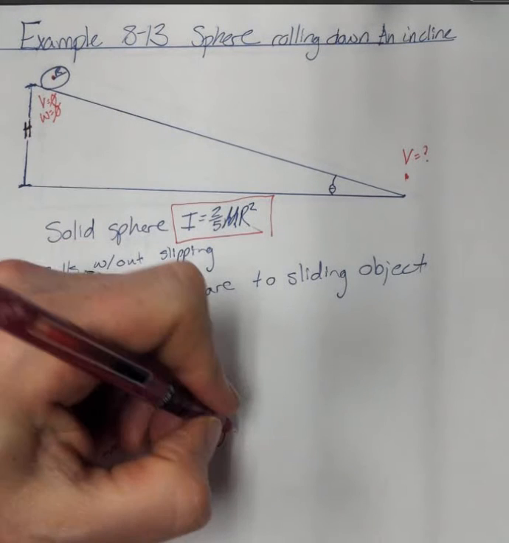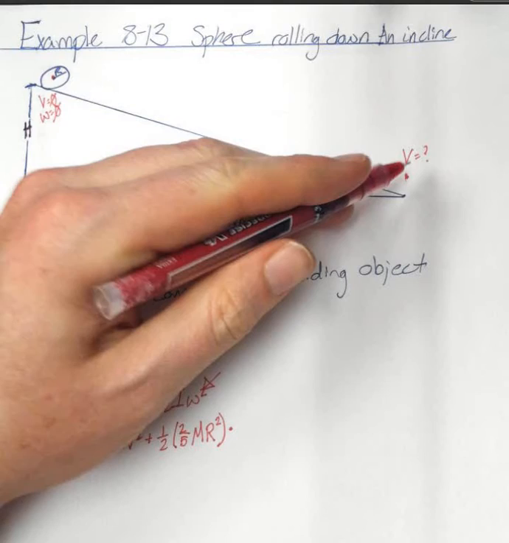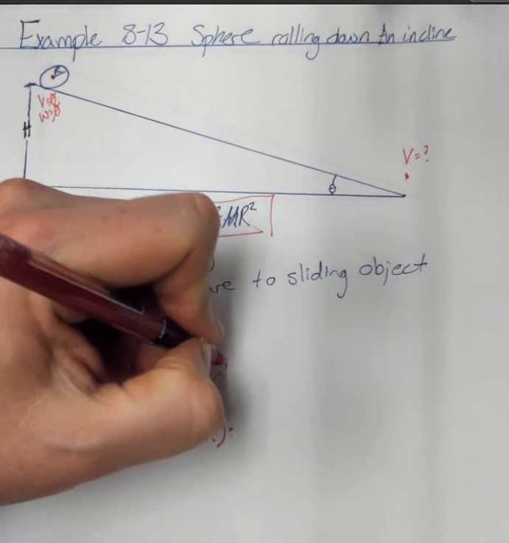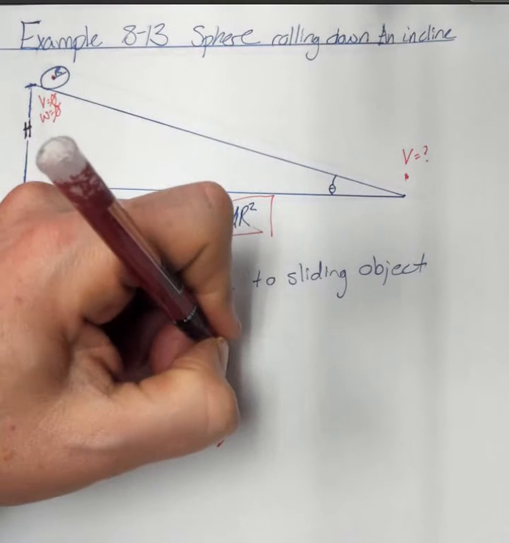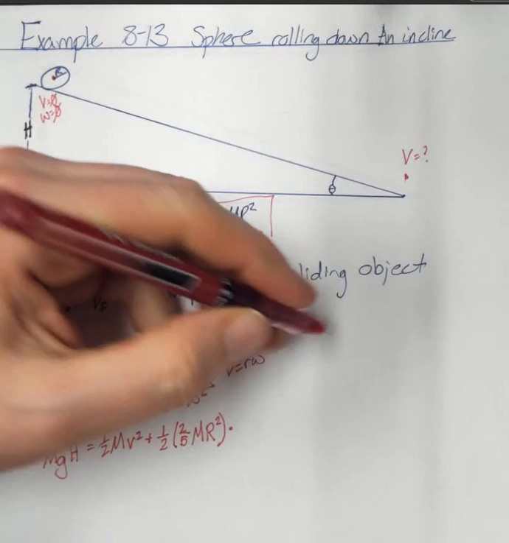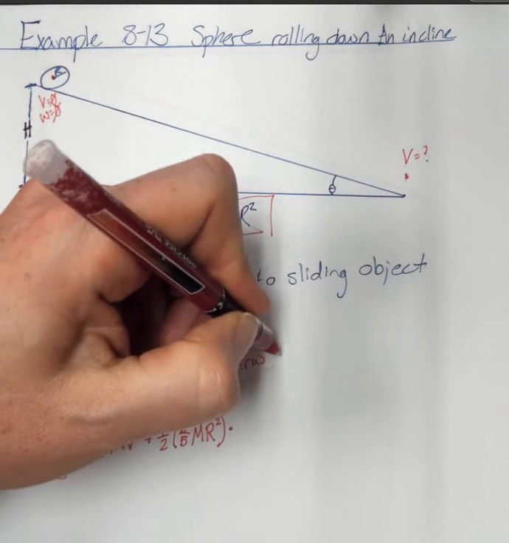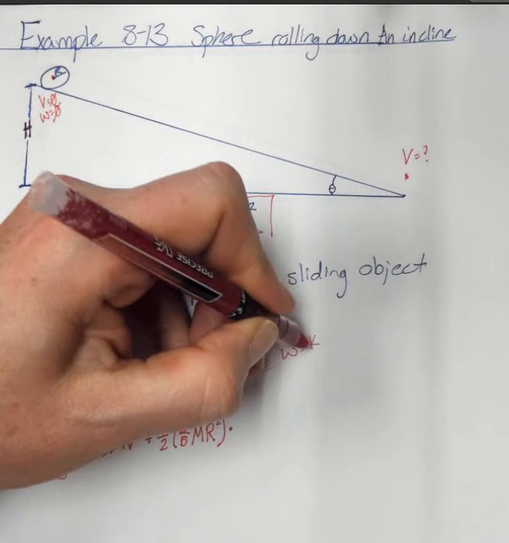And then for my omega here, since I want my final speed at the end, I'm going to use my equation v equals r omega, and I'm going to rearrange that to solve for omega. Omega equals v over r.